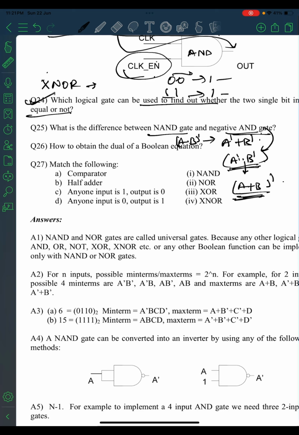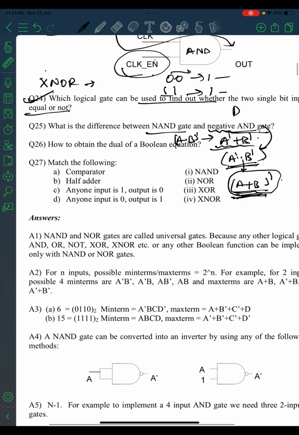A very big difference is there. NAND is the complement of an AND gate, and this one is the complement of an OR gate. Negative AND means the inputs are complemented before the AND.